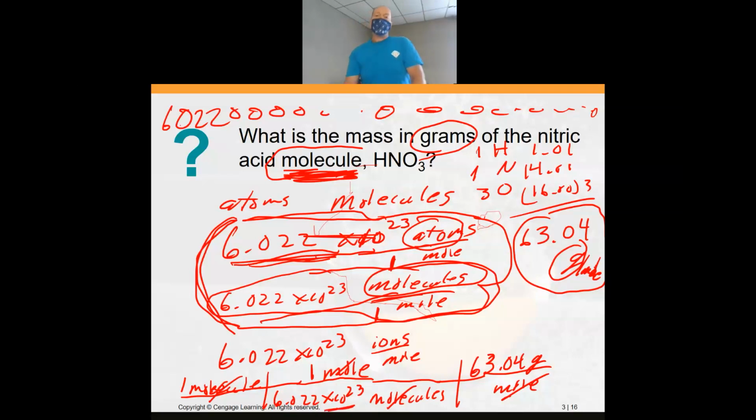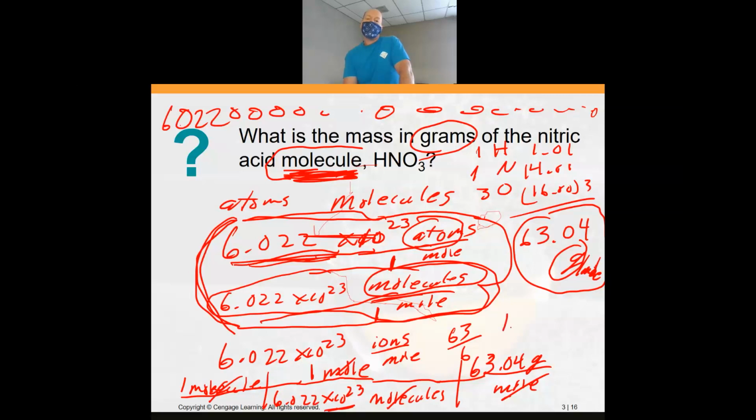If you are not using your calculator correctly, you're going to get a giant number, which is ridiculous. The mass in grams of a nitric acid molecule is an extremely tiny number. And so whatever 63 divided by 6, that's 1 point something, 1.5.